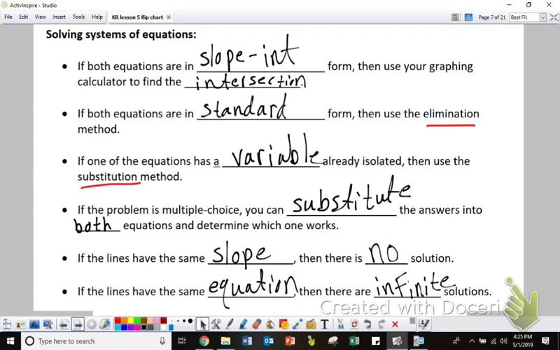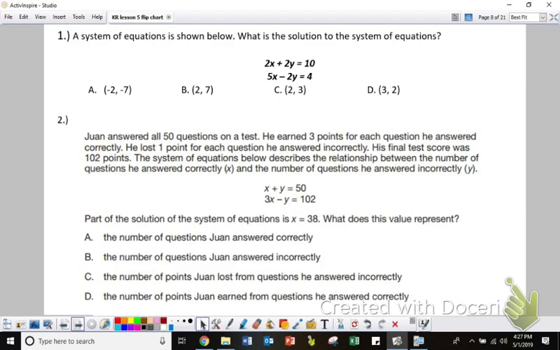Okay, so this first one, a system of equations is shown below. What is the solution to the system of equations? Again, you should be able to plug these numbers directly into the problem, since it is multiple choice. So go ahead and give that a try. I want you to plug it in and see if you can get it.